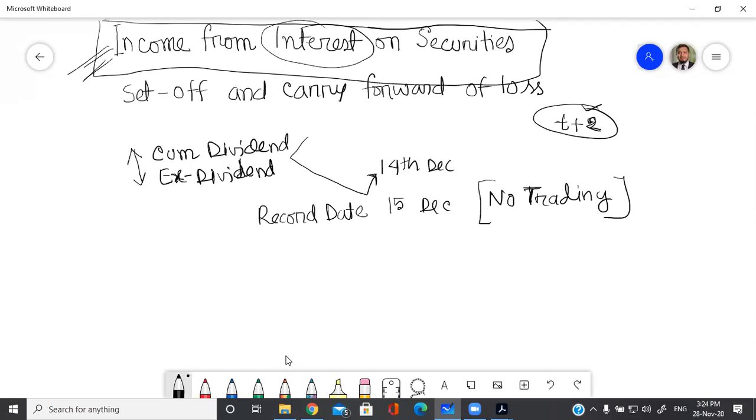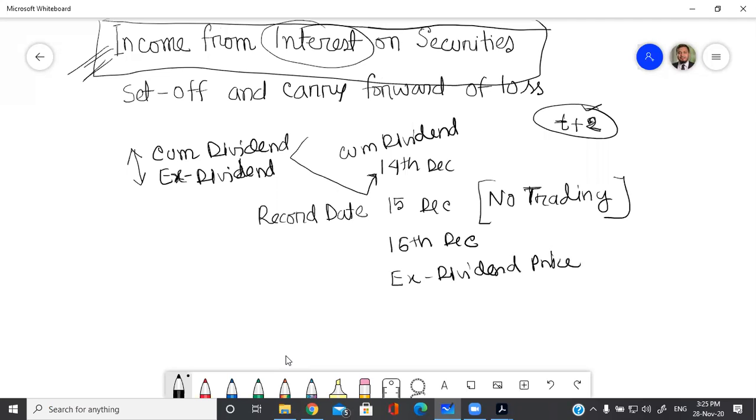Okay, the date on which you have bought is the trading day. So the Grameenphone share will be known as cum-dividend till 14 December. Now after 15 December, on 16 December, the Grameenphone share will be traded at an ex-dividend price.